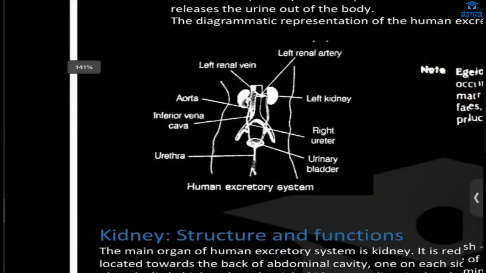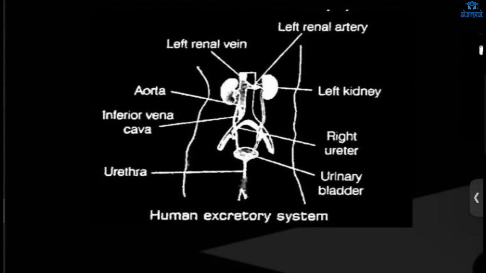Now let's see the human excretory system. It has main organs: 2 kidneys and 2 ureters. You see this tube-like structure which carries the urine. That is the ureter. And we have the urinary bladder, which stores the urine.